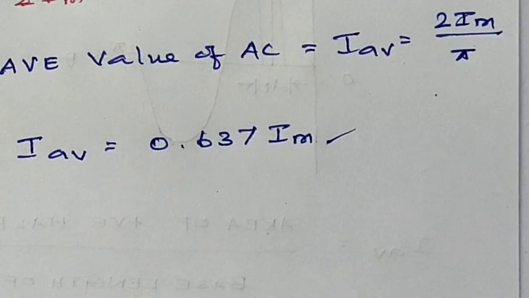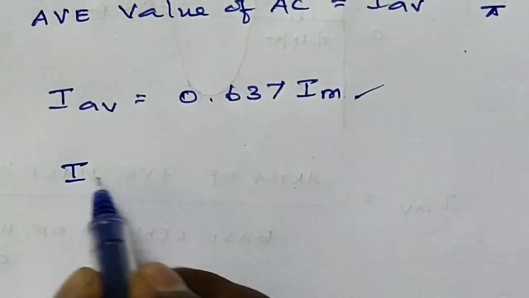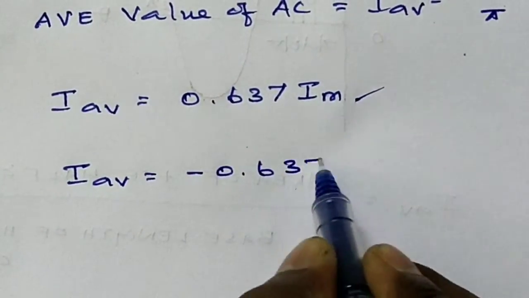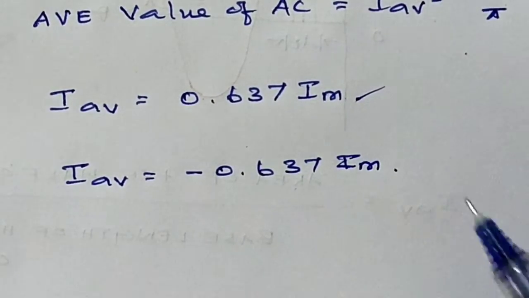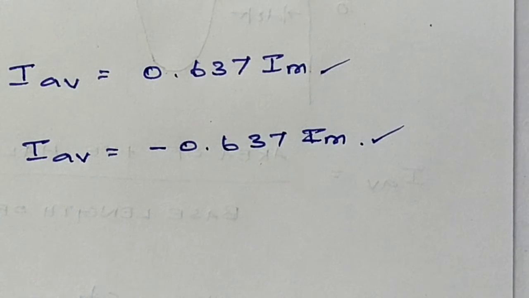That is for the alternating current in the positive half cycle. In a negative half cycle, the value is minus 0.637 Im. Now moving to N currents in a half cycle of the AC.